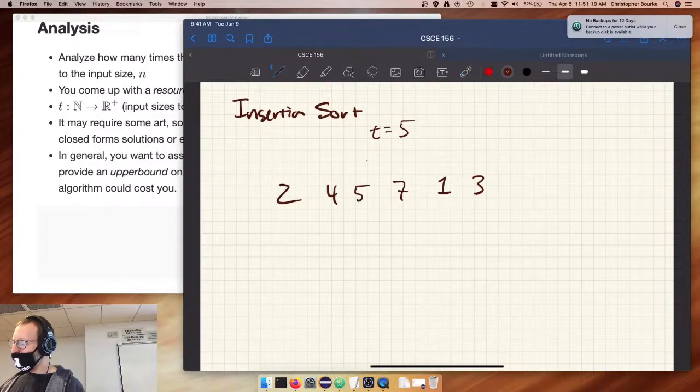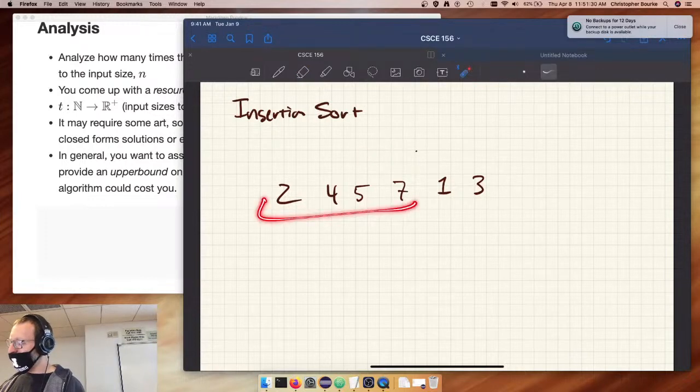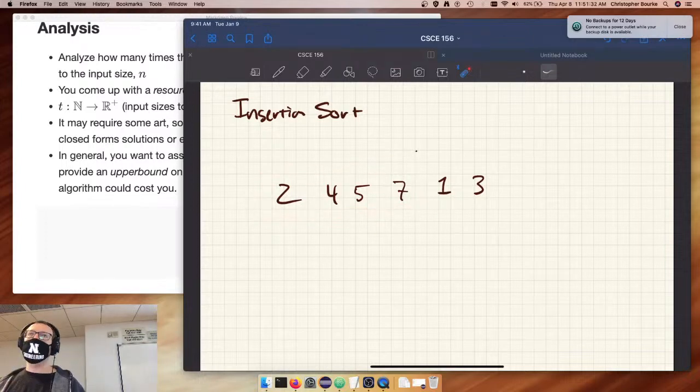We insert 5 where it needs to be. Okay? At this point, there's our sorted array or list. And we continue with the rest of it.